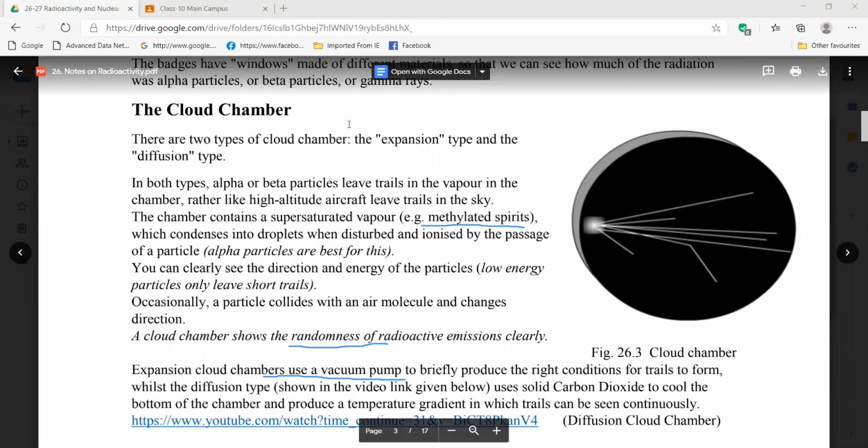That's why we have to use some special instruments. How many detectors did we discuss today? Three. The first one is the GM tube or GM counter. The second one is the photographic plate or photographic badges. Then the third one is the cloud chamber.